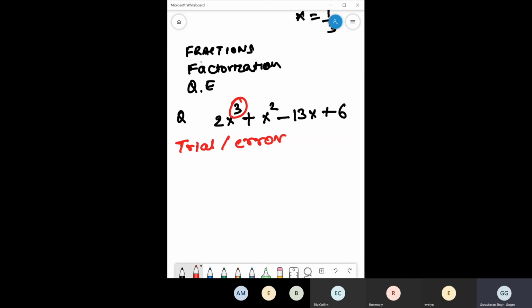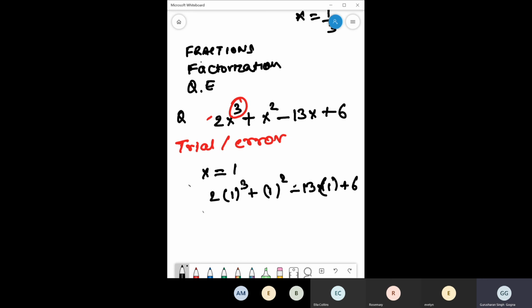What is the trial and error method? You choose some random values for x, and if you get 0 after solving this, that means that's the factor. For example, if I choose, let's say, 1, in the calculator it would be quicker because you can just change the values and see which one is giving you 0.